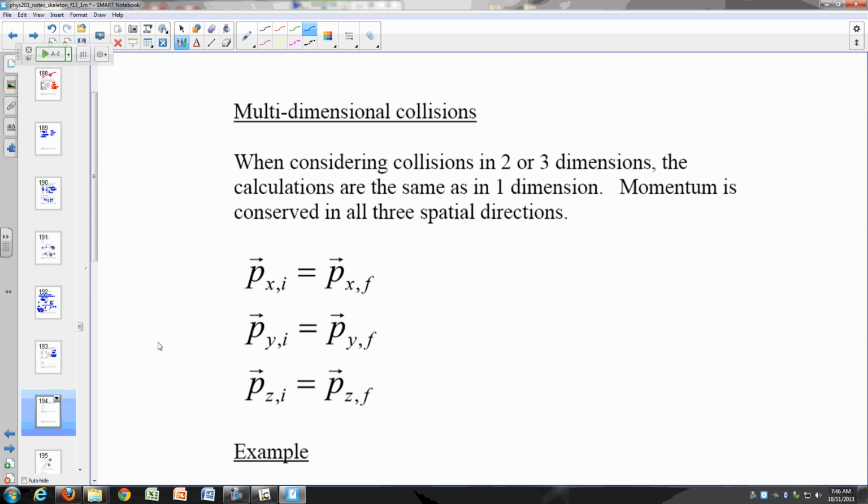Likely, when you have a conservation of momentum problem on the test on Wednesday, which you will have, it'll be a two-dimensional problem. It's very similar to what we've been doing already, except we're just going to treat the dimensions separately.